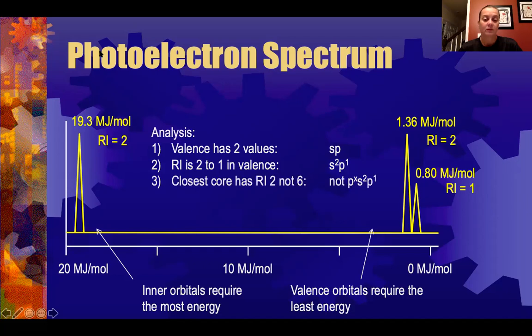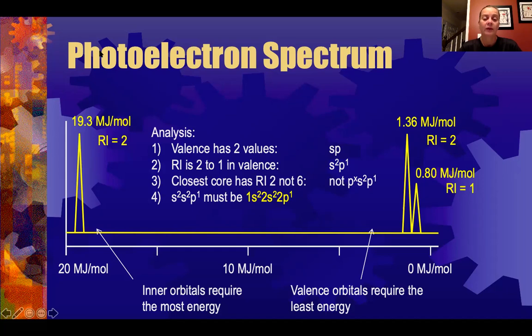So we know it has to be 1s2, 2s2, 2p1. If there were more internal or inner electrons, then we would have more peaks here.